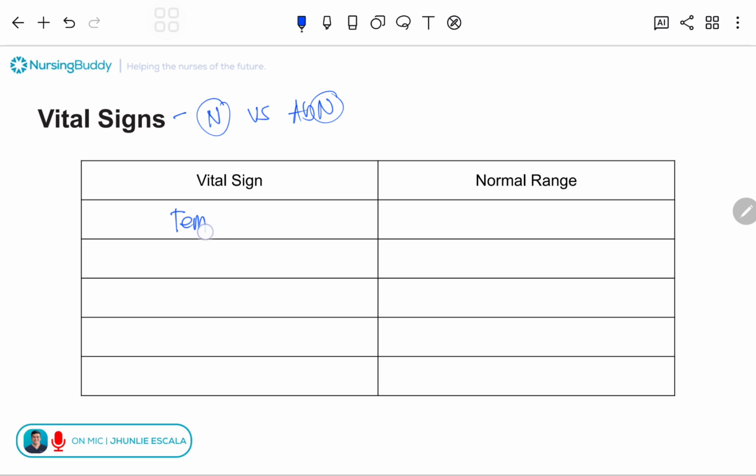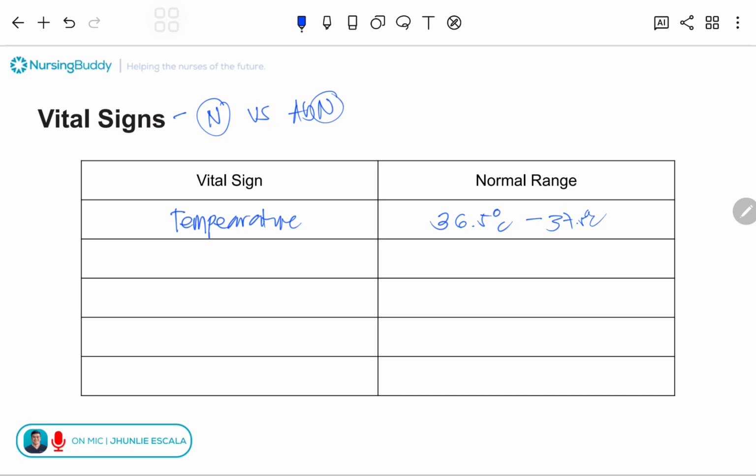Temperature: all of us will agree that the normal for this is 36.5 degrees Celsius to 37.5 degrees Celsius. In the United States, temperature is mostly given in Fahrenheit.